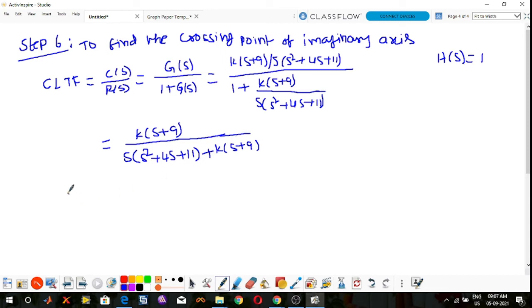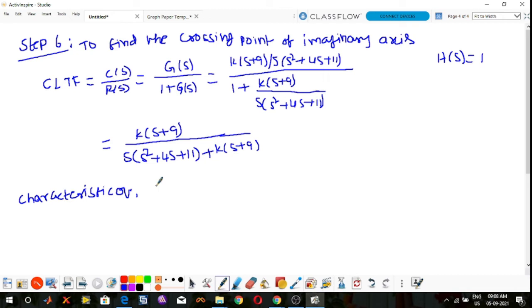In this closed loop transfer function, the denominator polynomial is the characteristic equation of the closed loop system. This denominator polynomial is called the characteristic equation of the system.